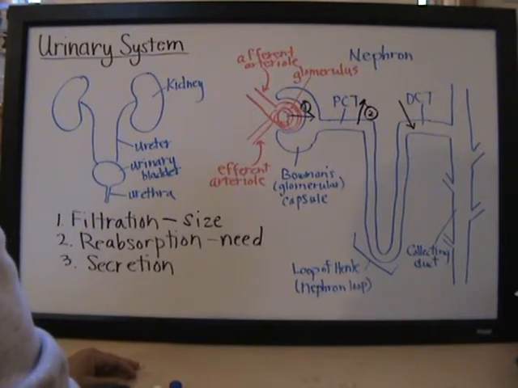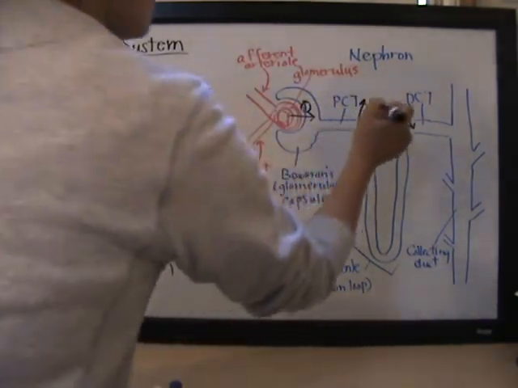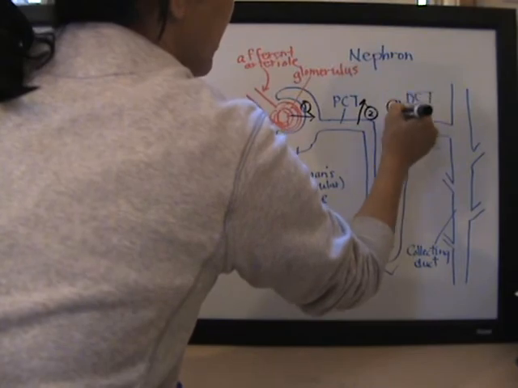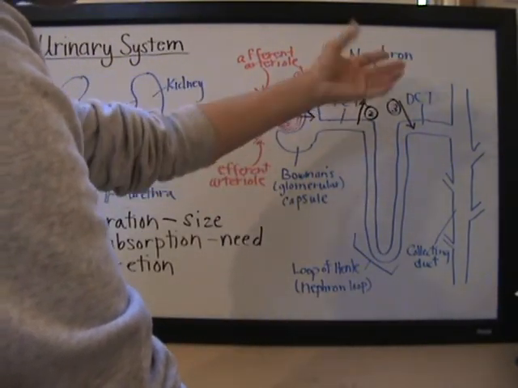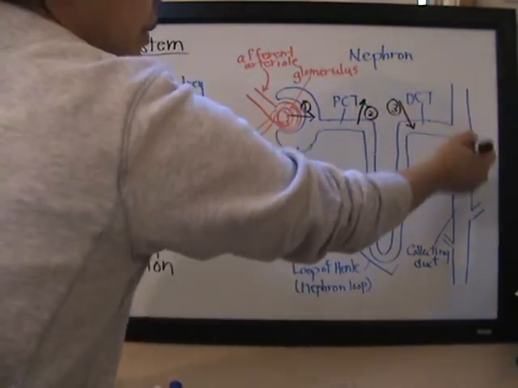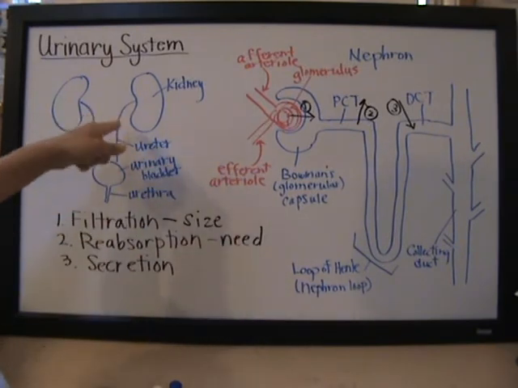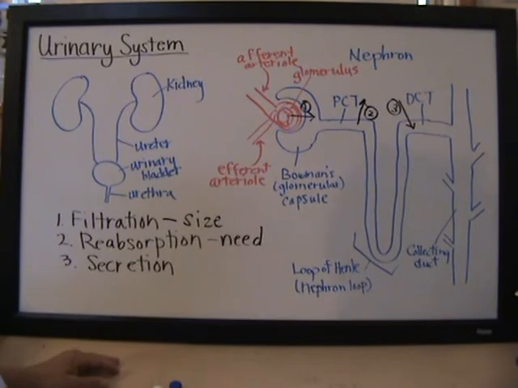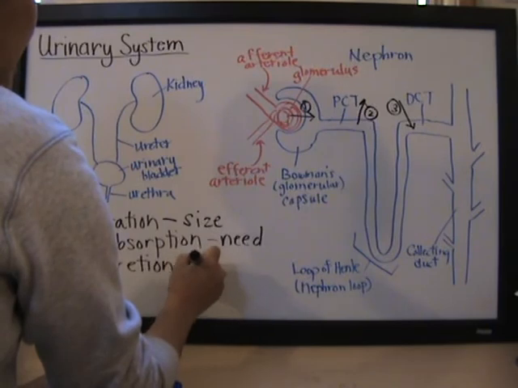Potassium ions and other substances that could become toxic in our body are allowed to undergo the third process called secretion, where materials go from the blood, these peritubular capillaries, and make their way into the distal convoluted tubule to be rid of out the collecting ducts and then out the ureters eventually. So secretion occurs on the basis of toxicity.